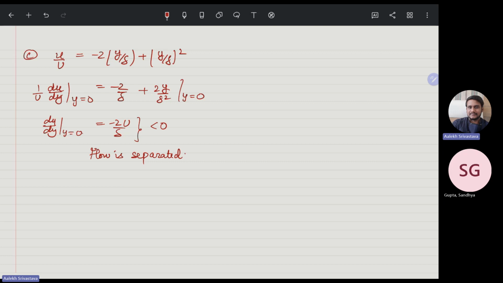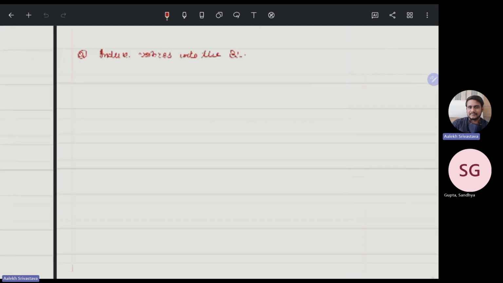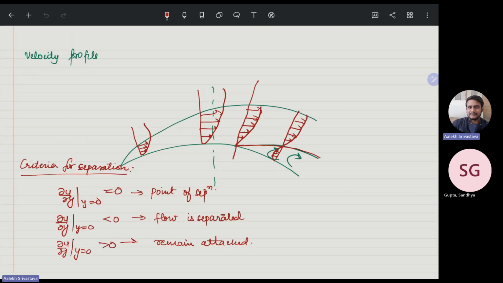In this way you can find out whether the flow is separated or not, what the reason is, and how to avoid the separation of flows. These are the things that you will come across, and they can help you solve problems.